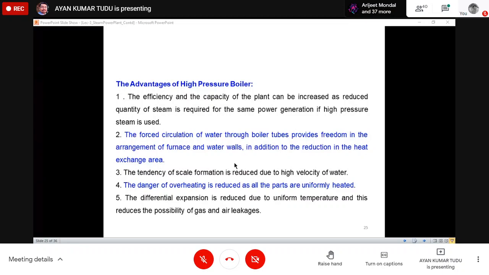Fourth, the danger of overheating is reduced as all the parts are uniformly heated.